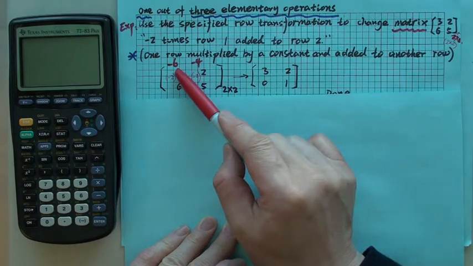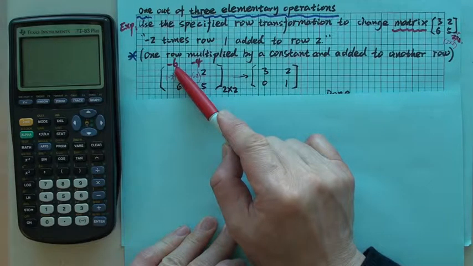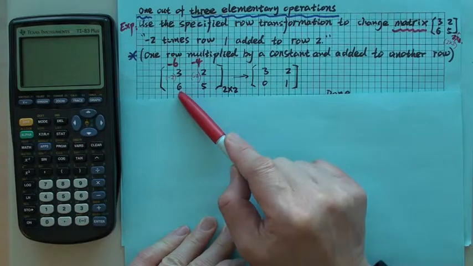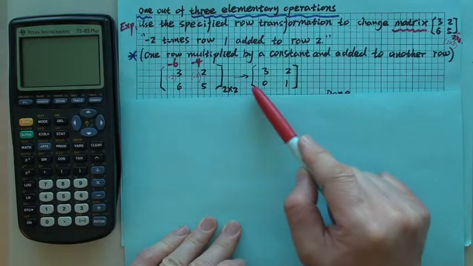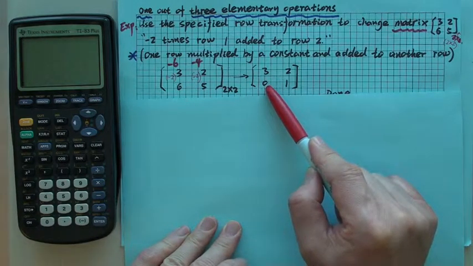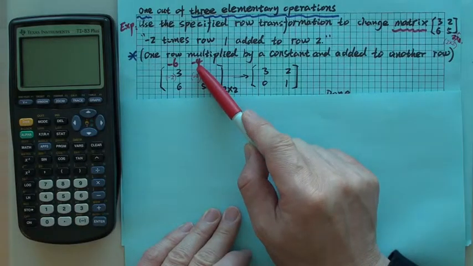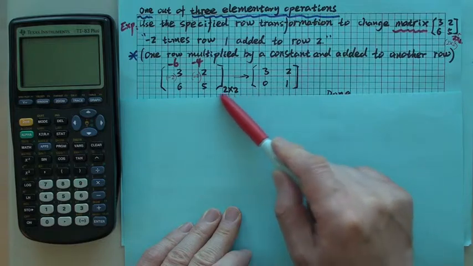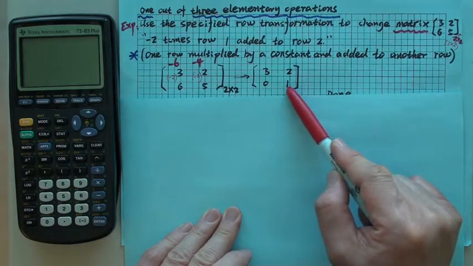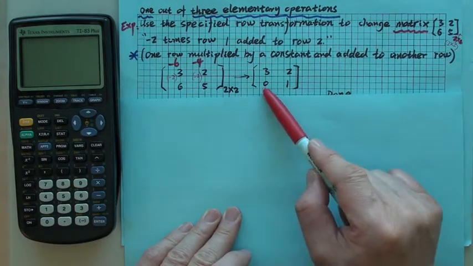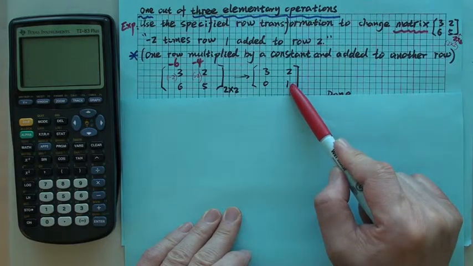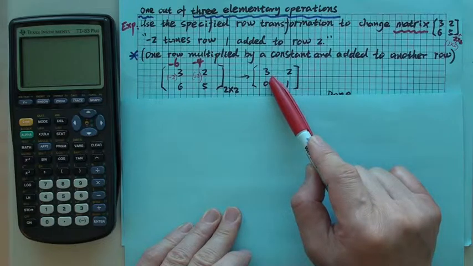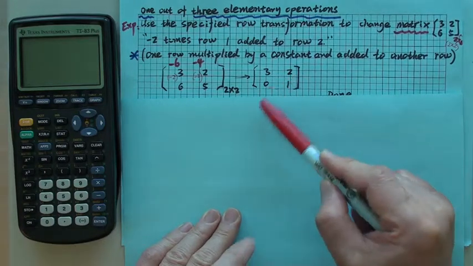If you add -6 to row 2, you have -6 plus 6, they cancel each other, you have a 0. -4 plus 5, you have a 1. So the second row is changed from 6, 5 to 0, 1. The first row we did not do anything, so you keep it 3, 2.